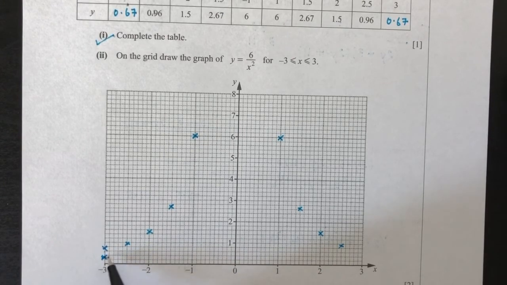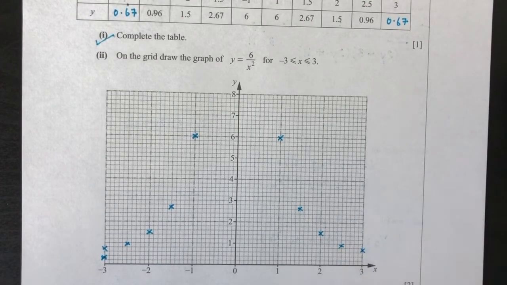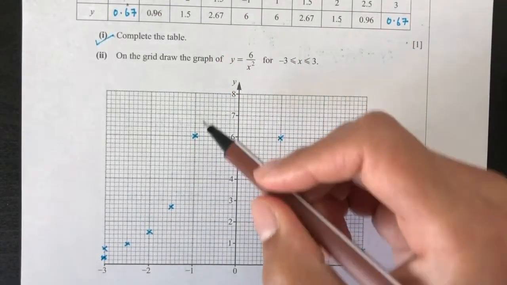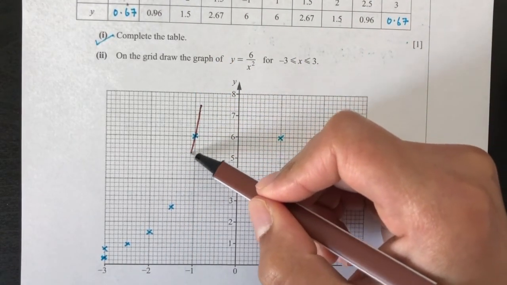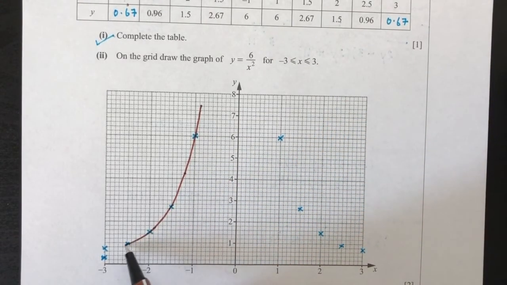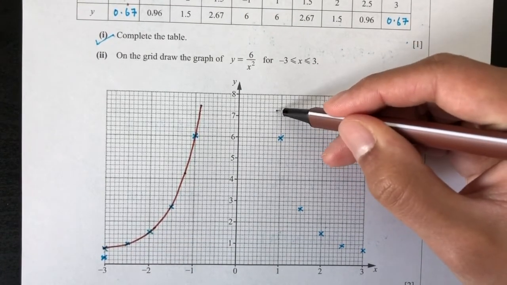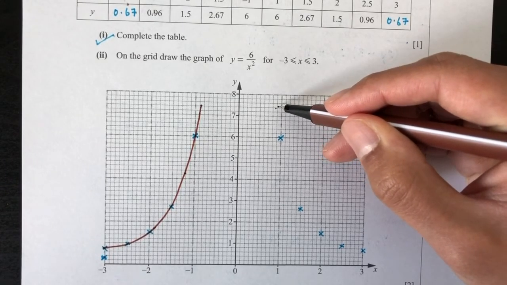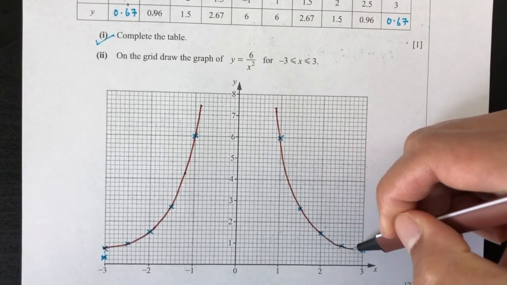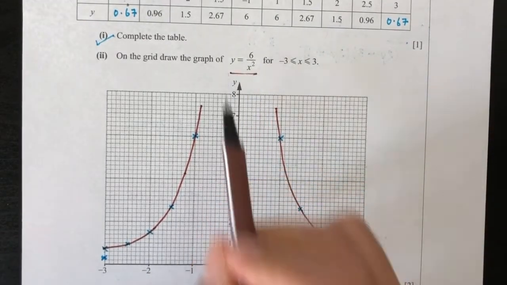So the first point is not good, it should be up. So 0.67 should be about here. Okay, we have to connect the dots for these two. It has to be something like this. So it has to reflect. Okay, something like this. Reflection on both sides. That will be your graph for this.